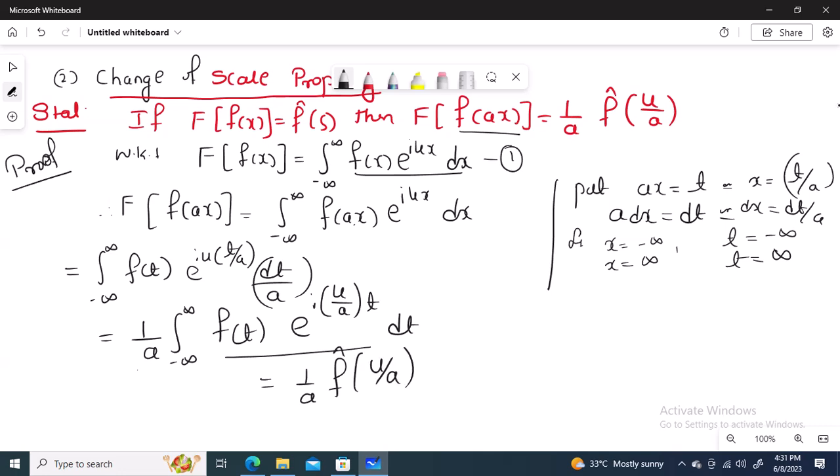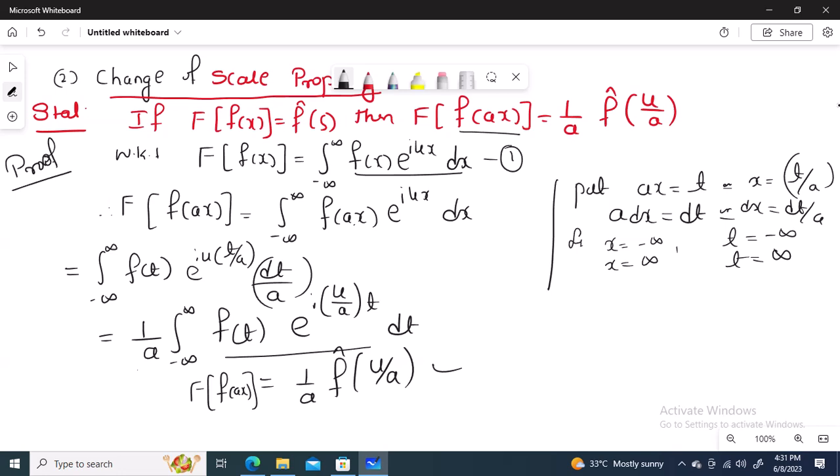So very simple. The Fourier transform of f of ax equals 1 by a into f cap of u by a. This is what we call the change of scale property. This is also important in solving problems of Fourier transforms.